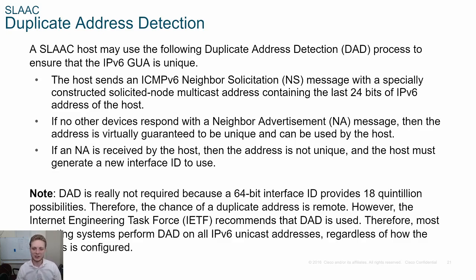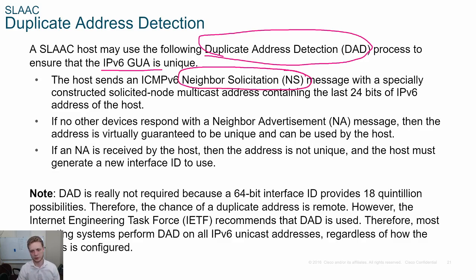So, duplicate address detection, also known as DAD, will ensure that the IPv6 global unicast address is unique. We want to make sure we don't have conflicting IP addresses, just like in IPv4. So we'll send out a neighbor solicitation message, which basically says, hey, to everybody, if you have this address, let me know. It's kind of like a ping.